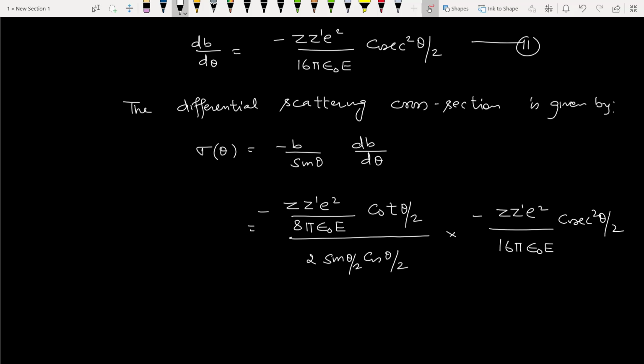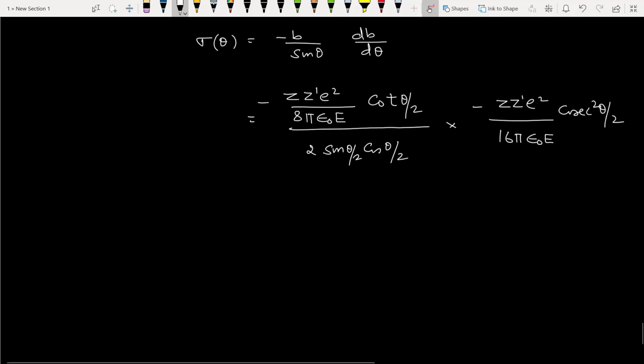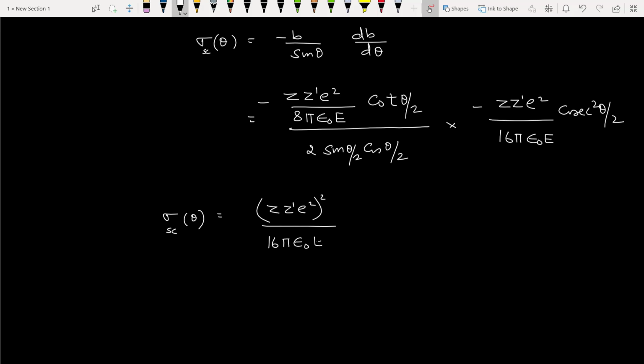So if we solve all these things, our scattering cross section, you can also write SC for scattering, or the rest is on your wish, will be z dash e square, whole square, upon 16 pi epsilon naught e, whole square.